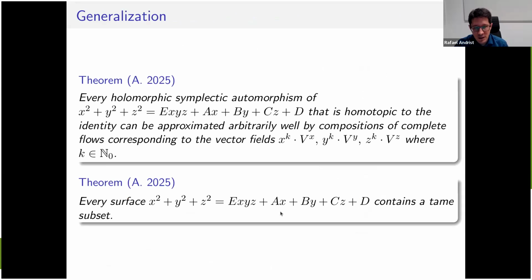And then, of course, if you look at this general Markov surface, there are no Markov triples here, because you cannot expect that there are any Diophantine solutions if you choose a, b, c, d in any way that you like. But still, you can adopt the same construction that I had in the proof to show that they contain a tame subset. Okay, so I would like to conclude my talk here, and thank you very much.